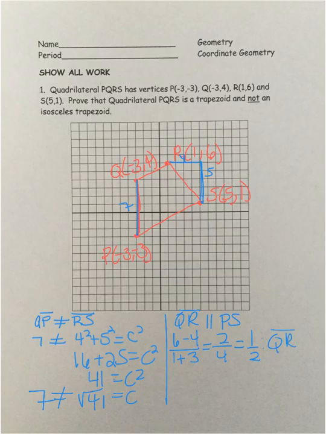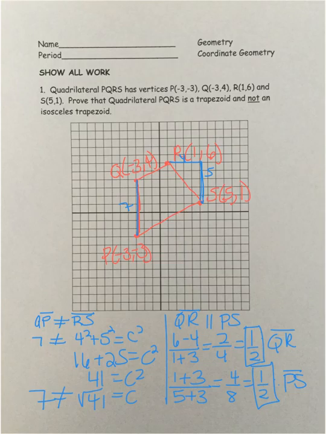And then for PS, that's 1 minus a negative 3, which is 1 plus 3, over 5 minus a negative 3, which is 5 plus 3. 4 divided by 8 is equal to 1/2. And we have now shown that we have parallel sides because the slopes are equal.